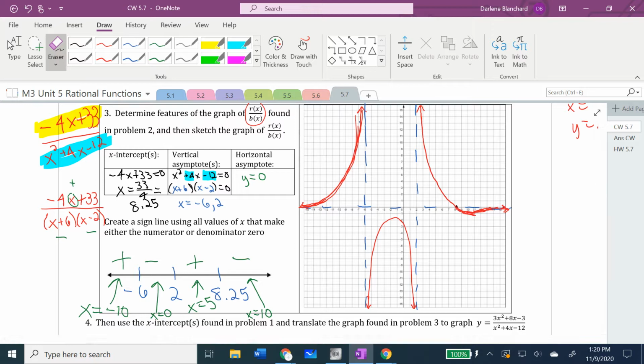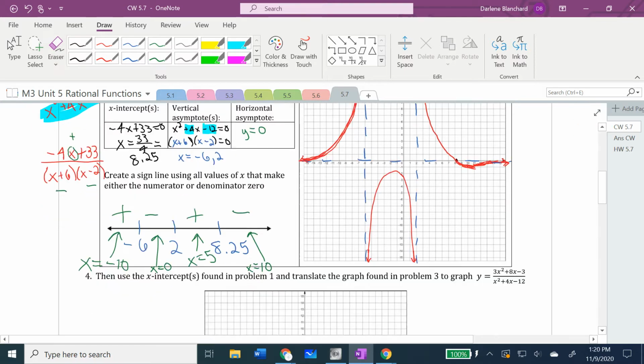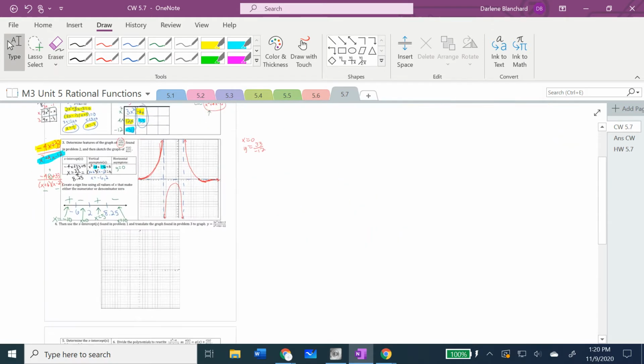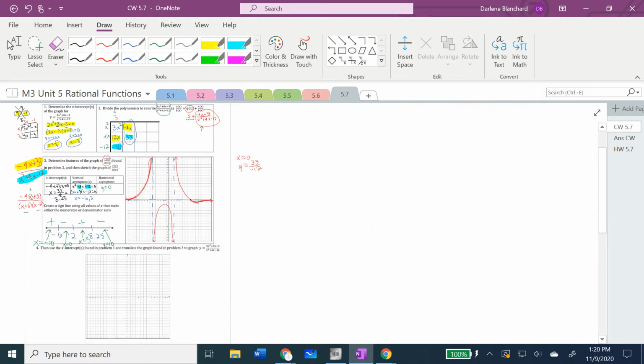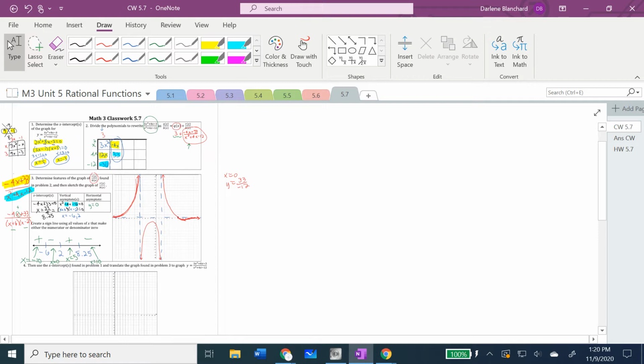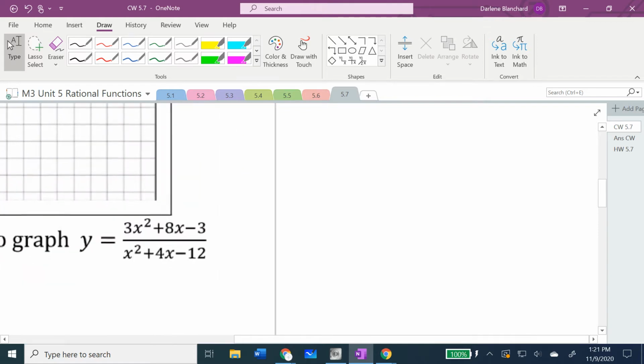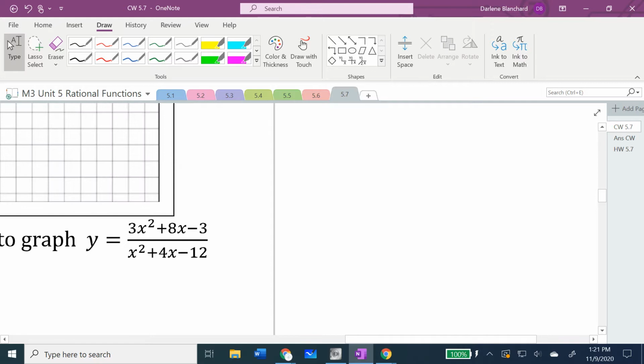And I will show you in a little bit what the actual graph looks like, but let's finish this problem first. Because now I'm moving on to number 4, which was ultimately where I intended to go. So know that I'm giving you one problem per page. Your goal is ultimately to figure out how to graph this rational function.